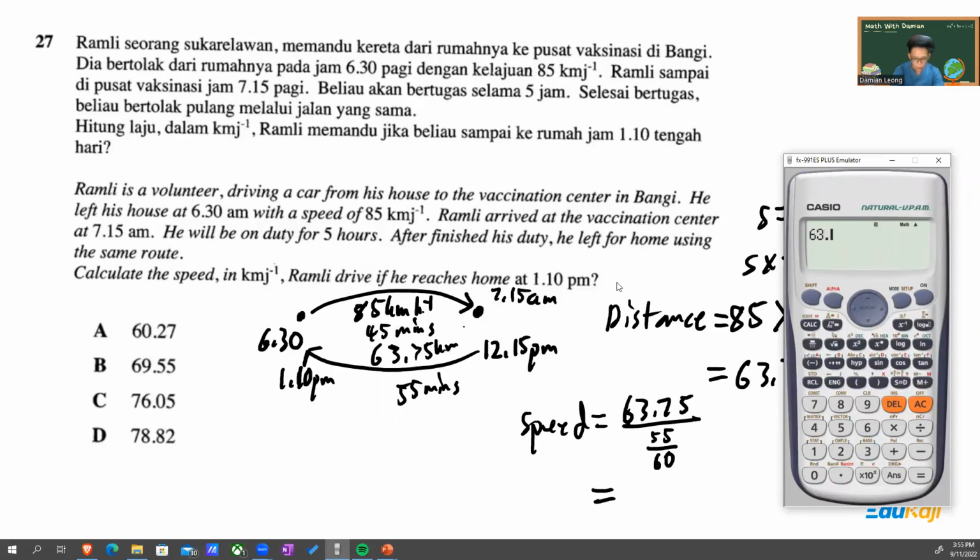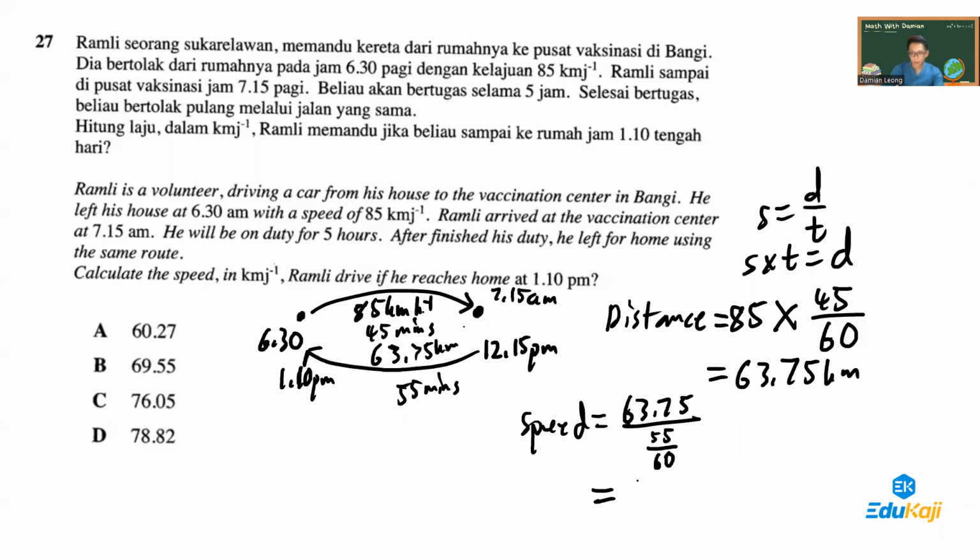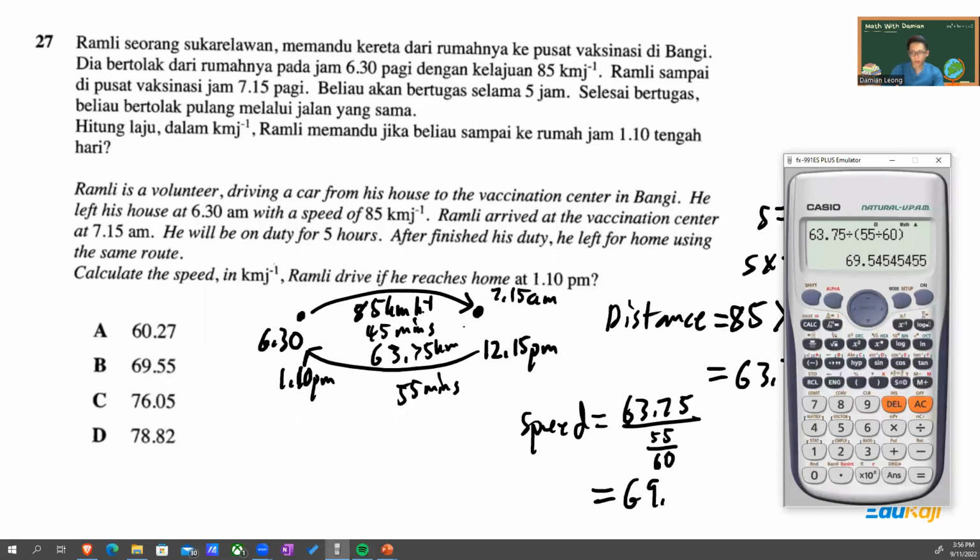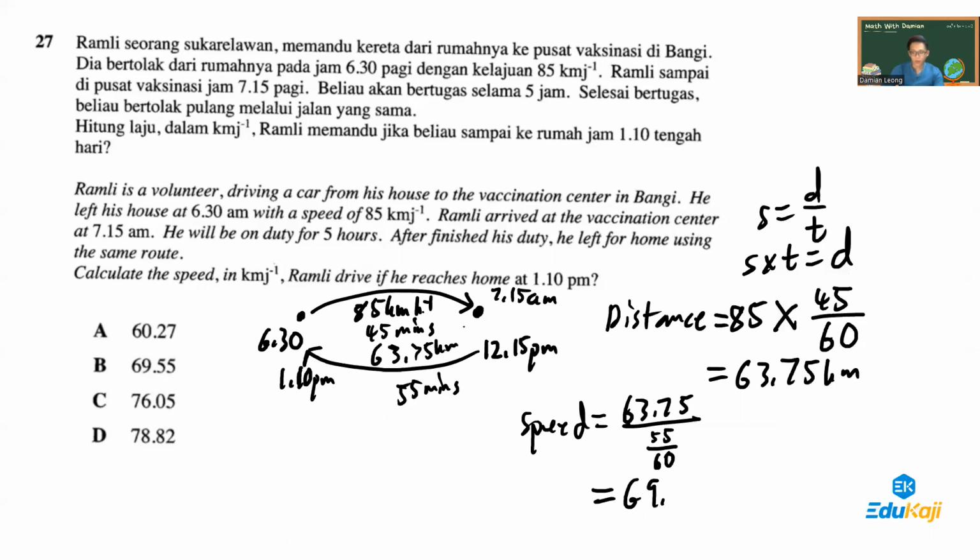So 63.75 divided by, make sure you bracket, 55 over 60. You get 69.45, sorry, 55.45. Means I round off, 55. Answer B.